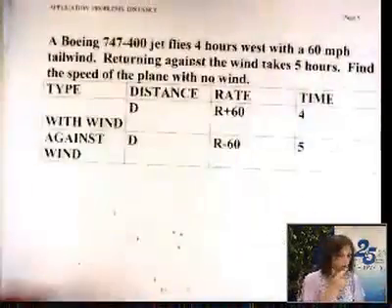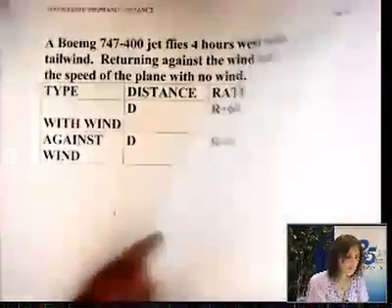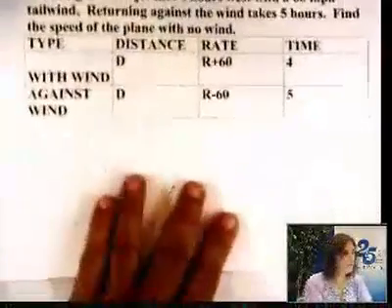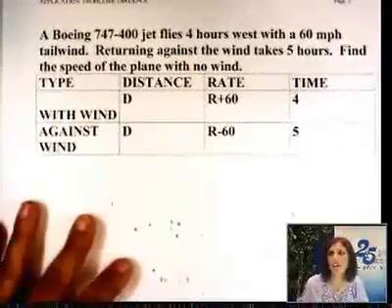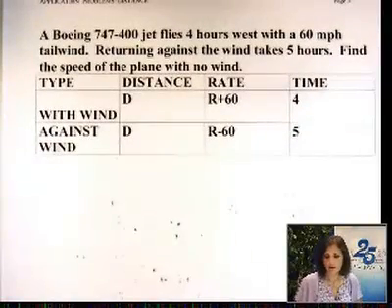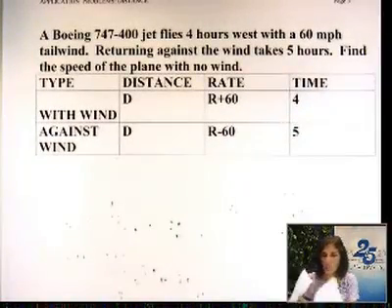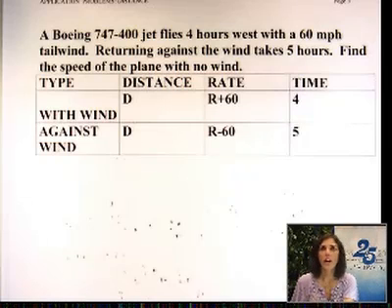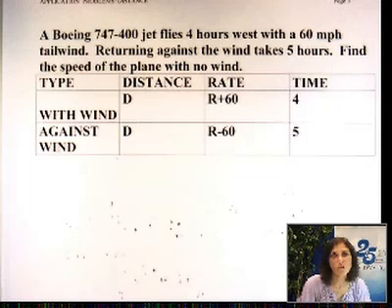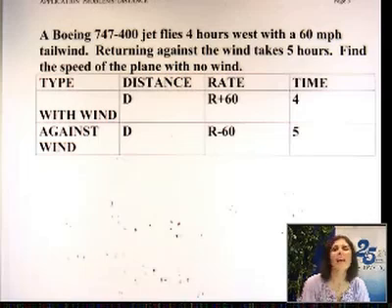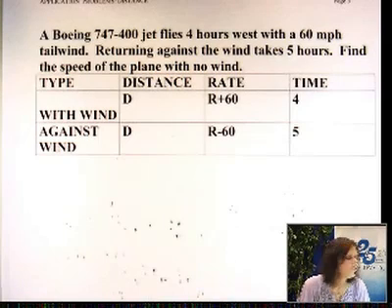Let's look at another type of problem. Those are problems like tailwind or headwind problems, or you are rowing against or with the current, or you are on an escalator going up or against.